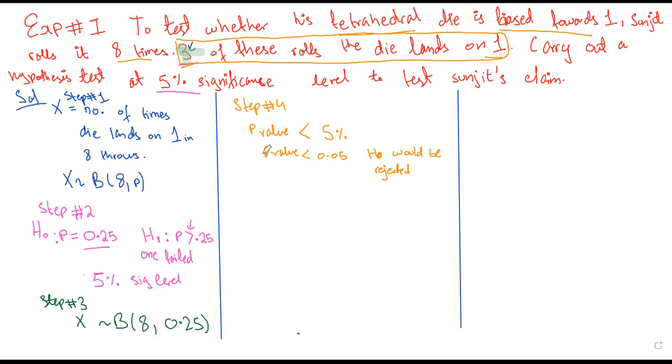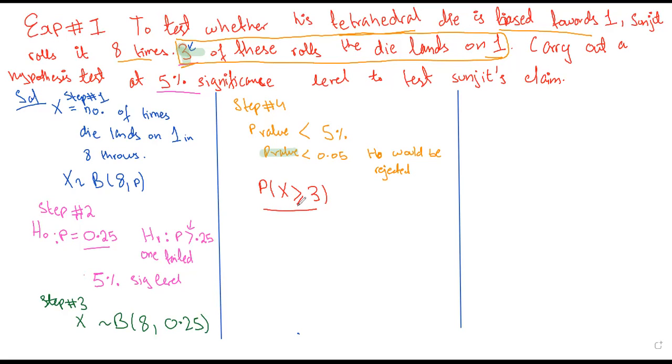So this p value is basically going to be the probability of X greater than or equal to 3, right? You have to find this probability, and you know how you are going to find that. Through S1, this is binomial distribution.